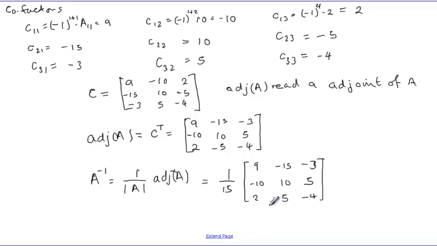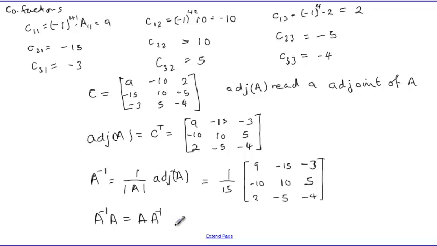If we really want to check, let's say we want to double check our calculation, we really need to do this A inverse by A, or we do A multiplied by A inverse.